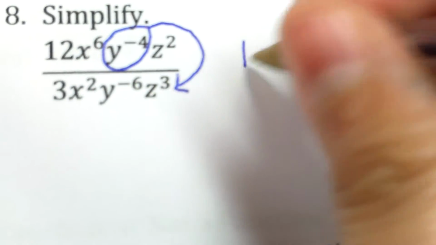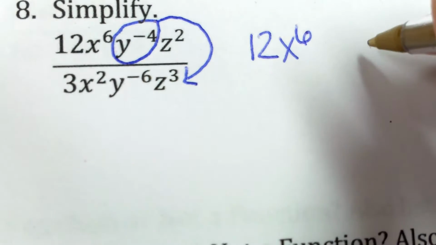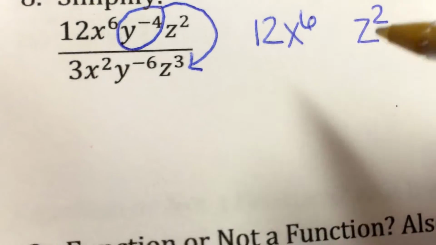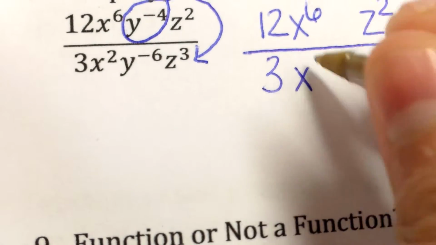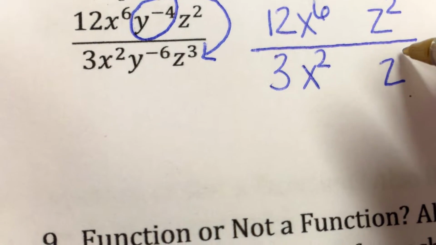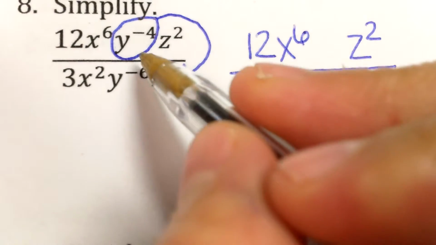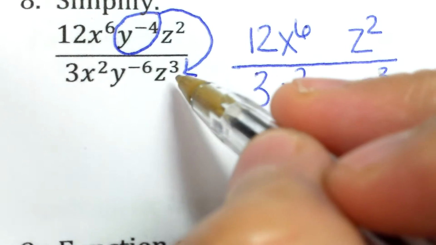So here we're going to have 12x^6, I'm going to leave space for the y, z squared, over 3x squared, leaving space for the y, z^3. I'm not moving those because those are positive exponents. This y to the negative 4th power is in the top, so we're going to move it to the bottom.